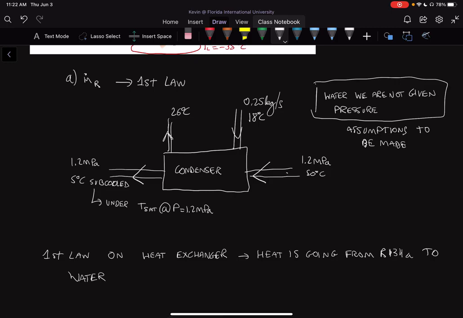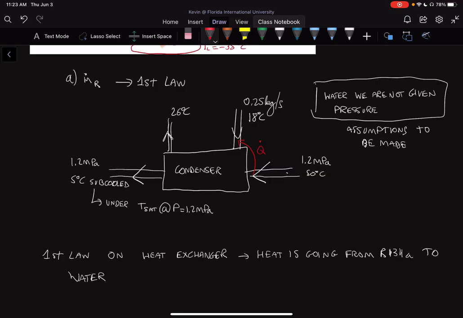The reason we know that is because water is coming in at 18 degrees and coming out at 26, and our R134A is actually doing the opposite. It's starting at a high temperature and going to a lower temperature. So that means there's some heat transfer in here between our R134A and our water.